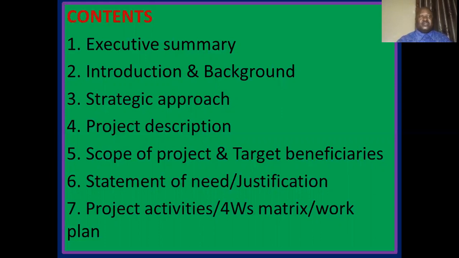So in the proposal, you will explain what you intend to do, where to do it, the amount of money, the period when you have to start and end the project, the people who will get involved, the beneficiaries, all the stakeholders are included here.